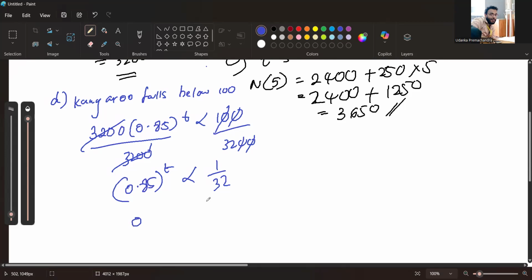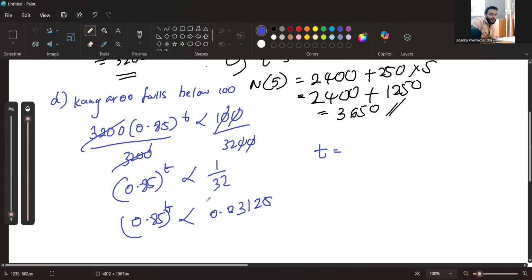So 0.85 to the power T is below 0.03125. You can find the answer using ln or logarithm, however you like. Use the calculator and you can find the answer.